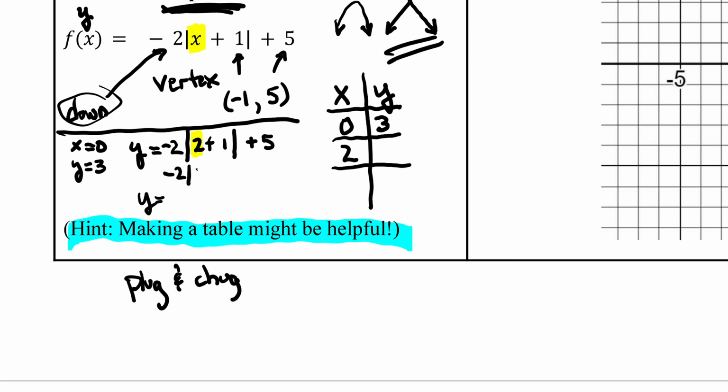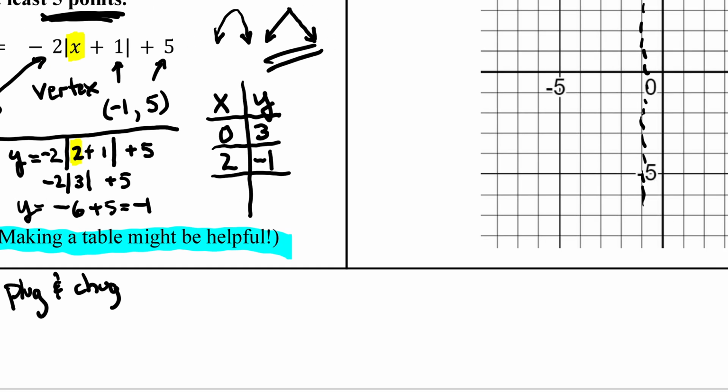And 2 plus 1 is 3, absolute value, and then plus 5. Once again, absolute value of 3 is 3. 3 times negative 2 would be negative 6. And negative 6 plus 5 would give me negative 1. So at 2, it's equal to negative 1.